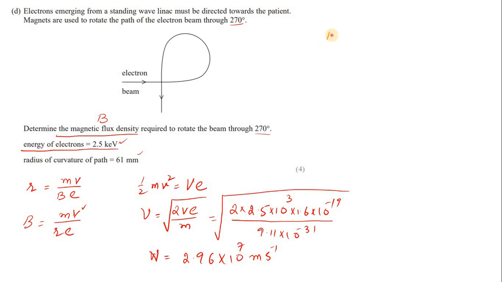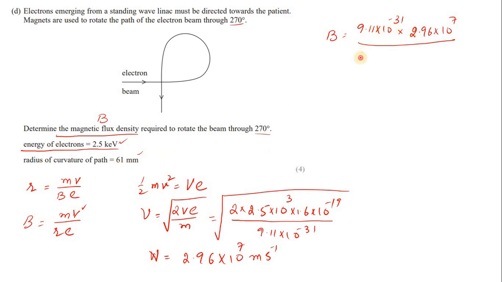So B would be equal to mass, 9.11 10 to the power minus 31, into velocity, 2.96 10 to the power 7. Mass into velocity divided by R. R is the radius, 61 millimeter.